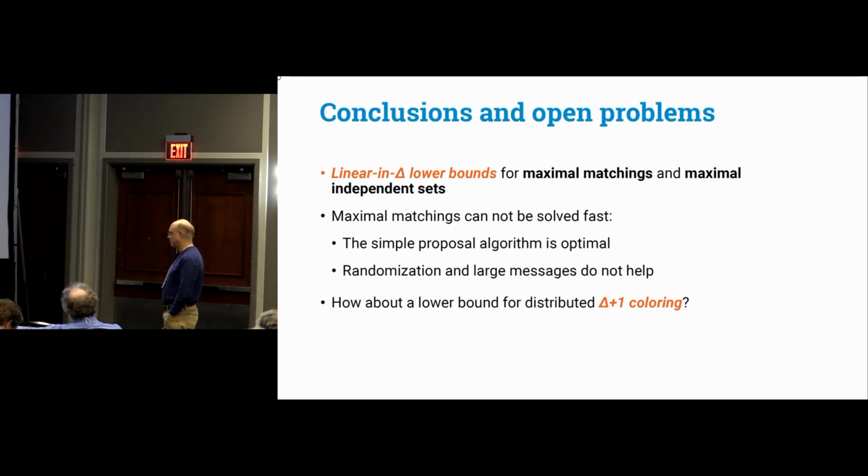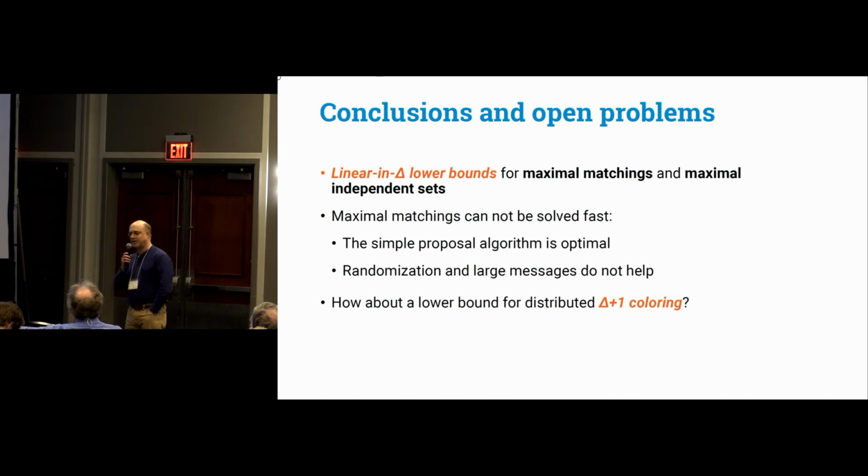Are you getting a better lower bound or better upper bound using bipartite? We use bipartiteness to get a better lower bound. And of course, this lower bound then also applies to general graphs. And also in general graphs, we have this upper bound of delta plus log star n. Let me see if there are any other questions.